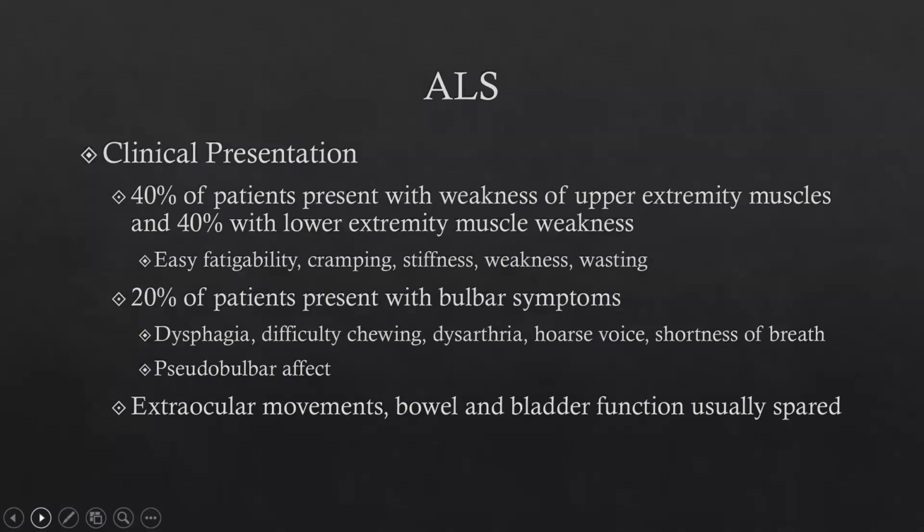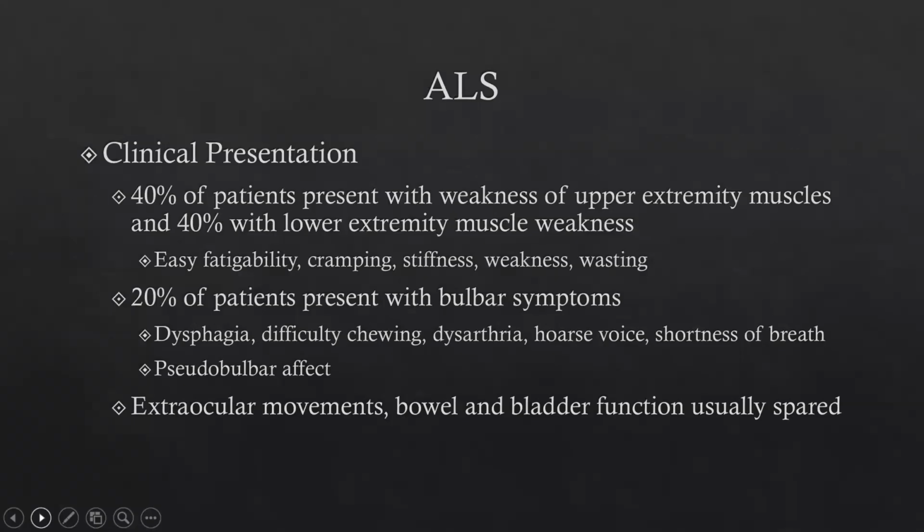So in terms of the clinical presentation, 40% of patients will present with weakness of the upper extremity muscles and 40% with weakness of the lower extremity muscles, with, of course, easy fatigability, cramping, stiffness, weakness and wasting. Okay, 20% of patients will present with bulbar symptoms.